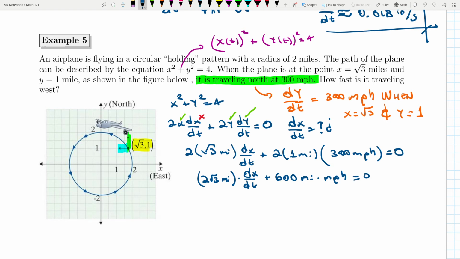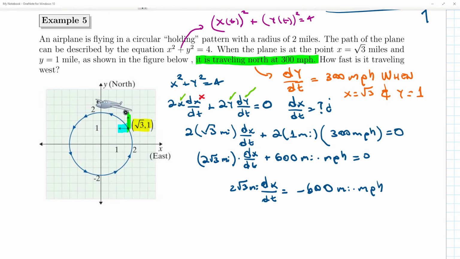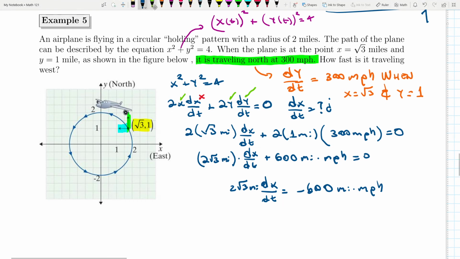So let me subtract the 600 to the right-hand side: 2 root of 3 miles times dx/dt equals negative 600 miles per hour. And dividing both sides by 2 root of 3 miles will lead us to get dx/dt.